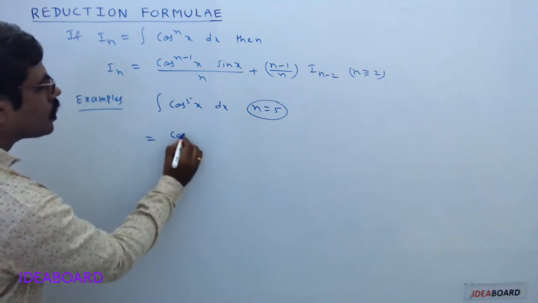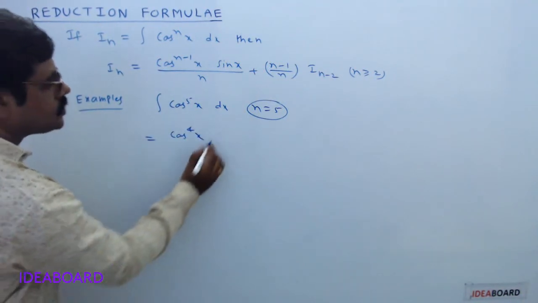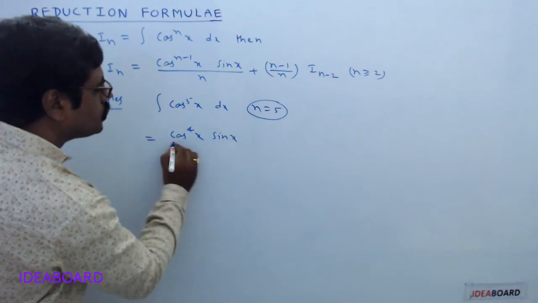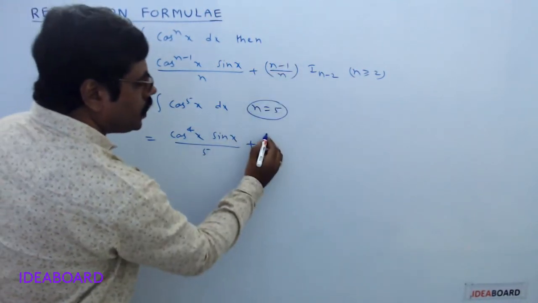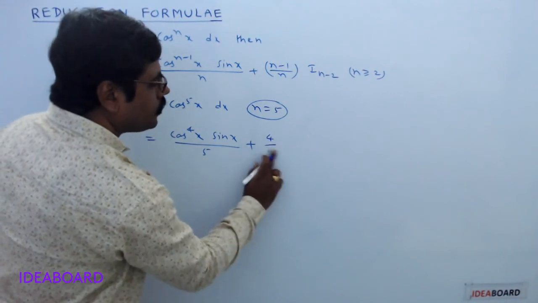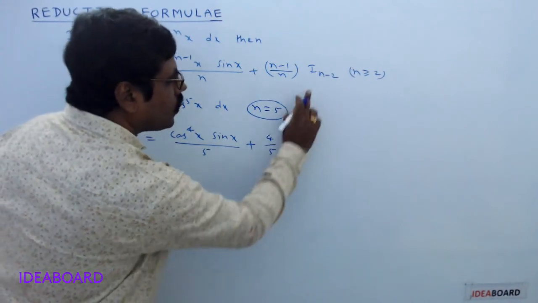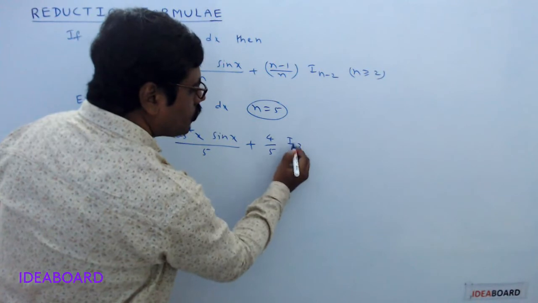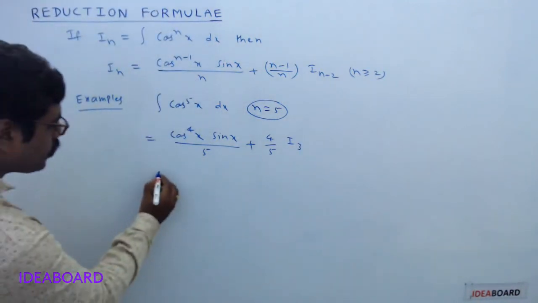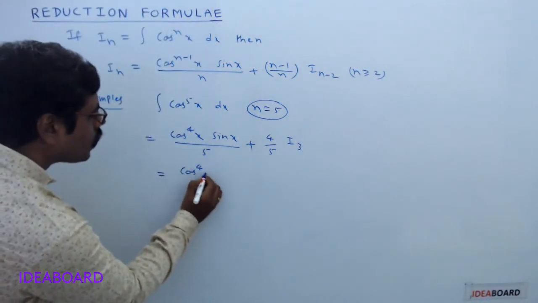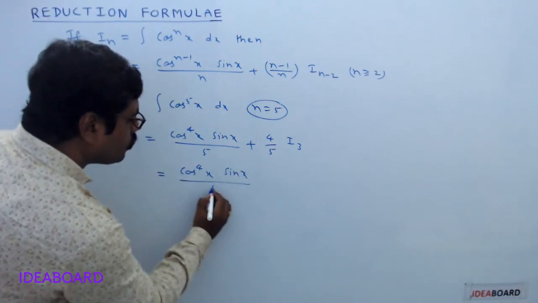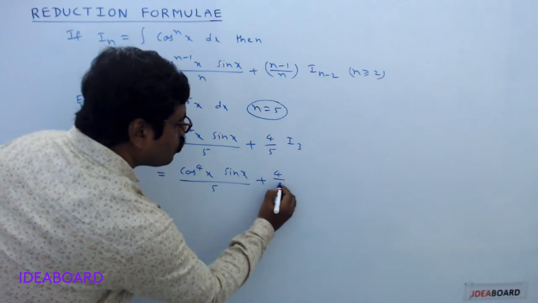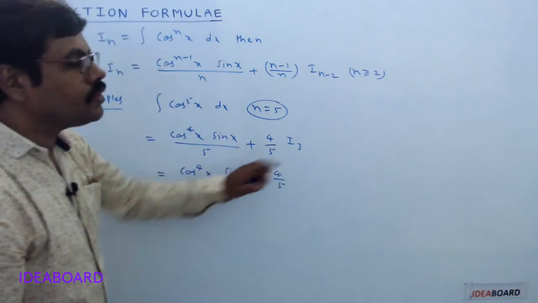This equals cos power 4 x into sin x divided by 5, plus n minus 1 divided by n, it is 4 by 5 into I 5 minus 2. I 5 minus 2 is I3. Now this equals cos power 4 x into sin x divided by 5 plus 4 by 5 into I3.